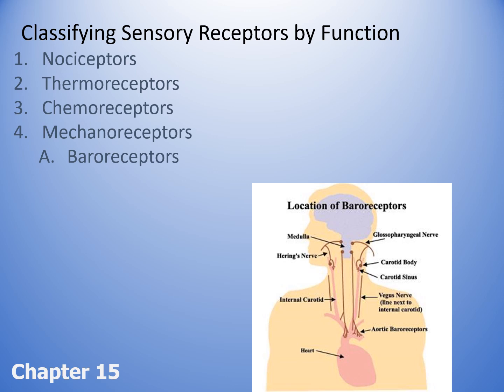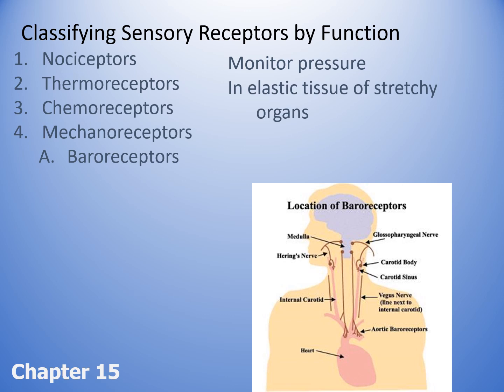And look, the baroreceptors on this picture are pretty much at the same place that the chemoreceptors are. It's important for you to be monitoring the blood that goes both to your brain and to the rest of the body. So baroreceptors monitor pressure, and they can also be in things like the bladder, right? Elastic tissue. The bladder is a stretchy organ, and when it stretches as much as it can, it sends a signal to the brain that says, I'm full.